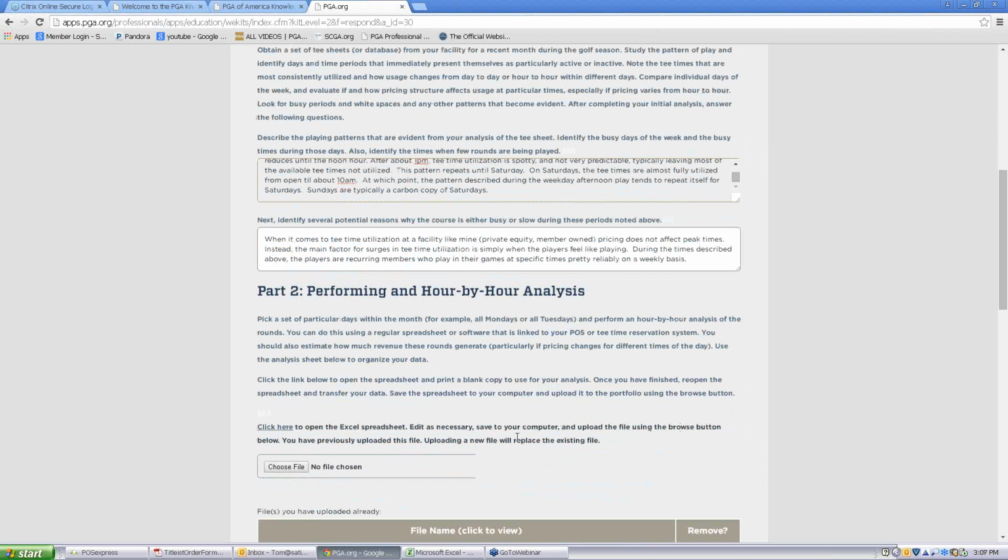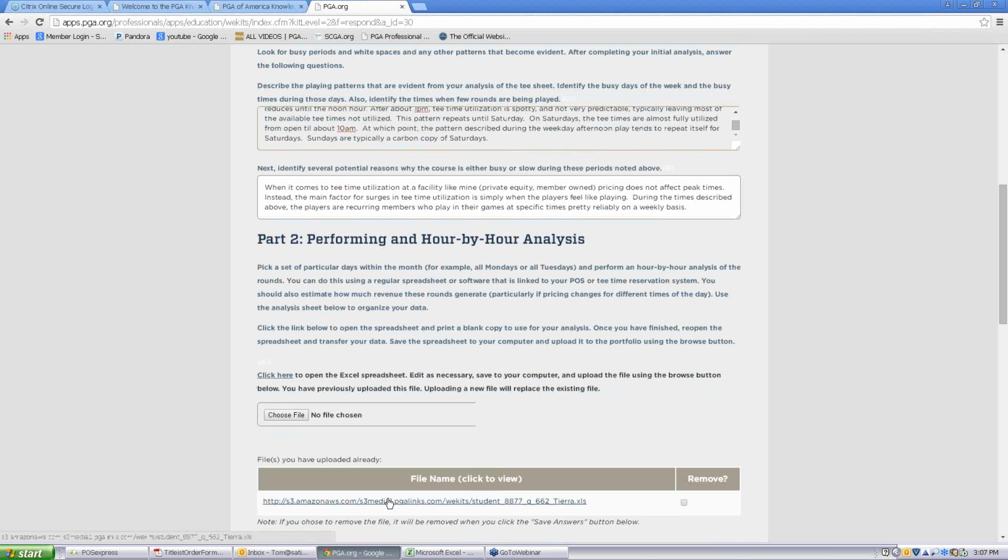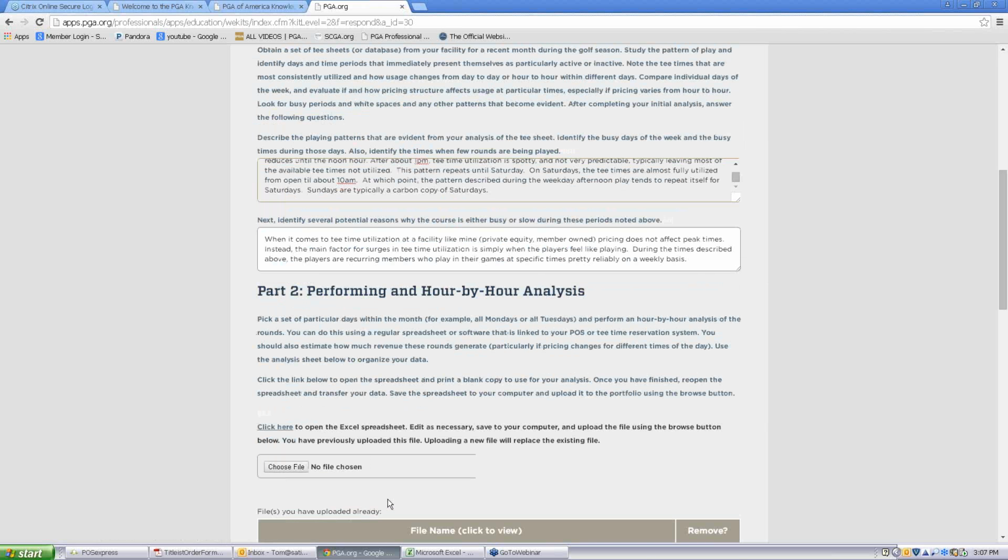And that's typical of a lot of private clubs. The same groups play Wednesdays at 10 o'clock, Fridays at 2 o'clock, etc. So those are things that happen on a regular basis. It's a little easier to predict your times at a private club versus a public golf course where you're at the whim of the public that are playing your golf course.